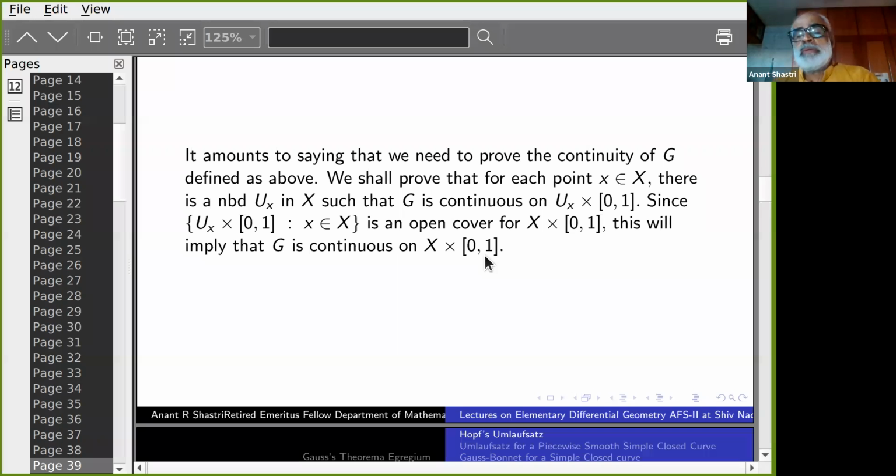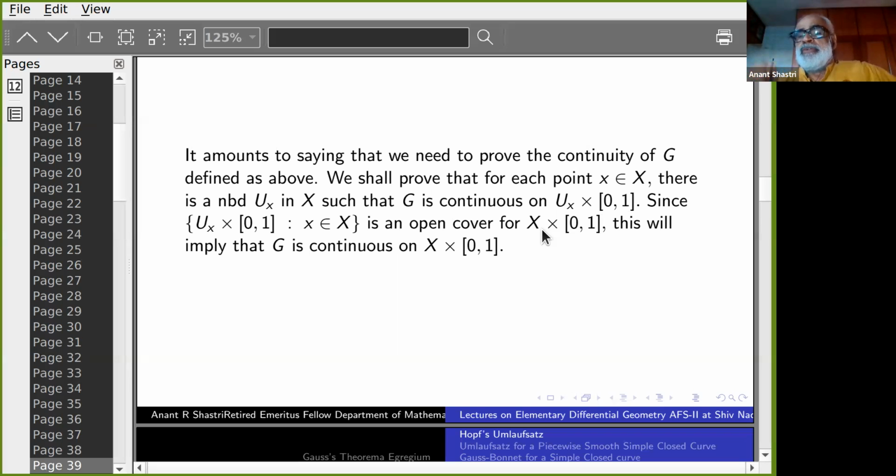What I will do is pick up a point x inside X, then produce an open neighborhood U_x of that point inside X. I will restrict the function g to U_x cross [0,1]. So I have cut down the space X to this neighborhood. On this neighborhood, I will show that it is continuous.